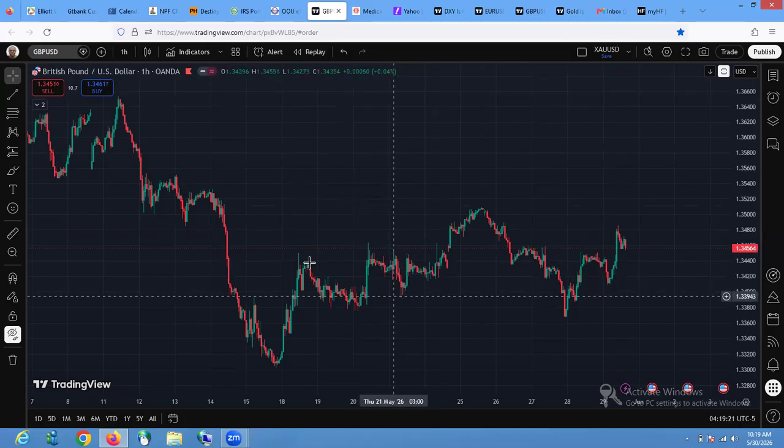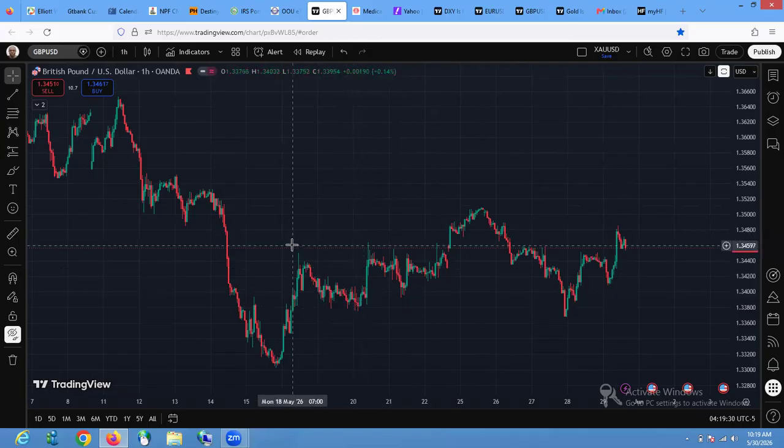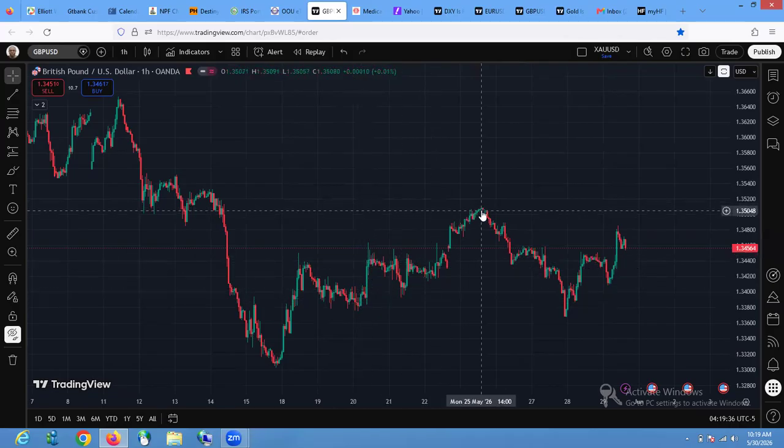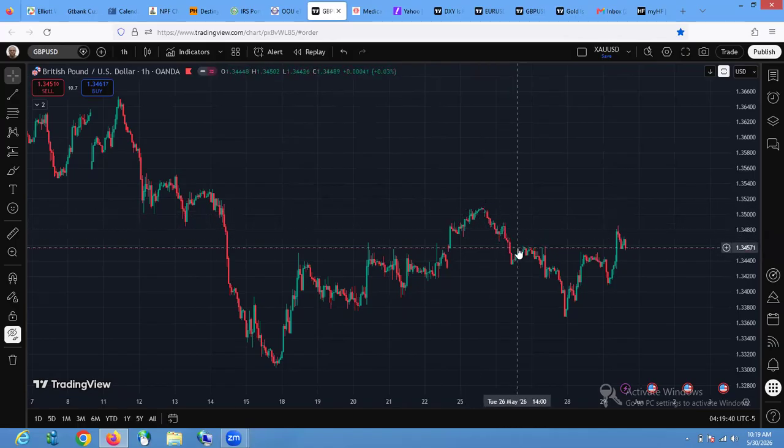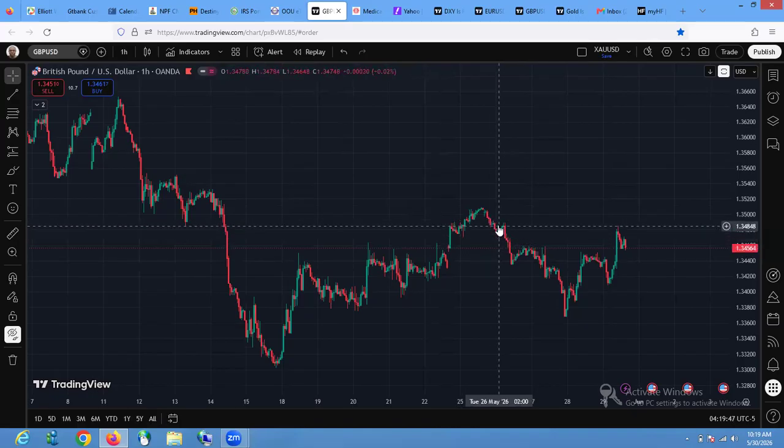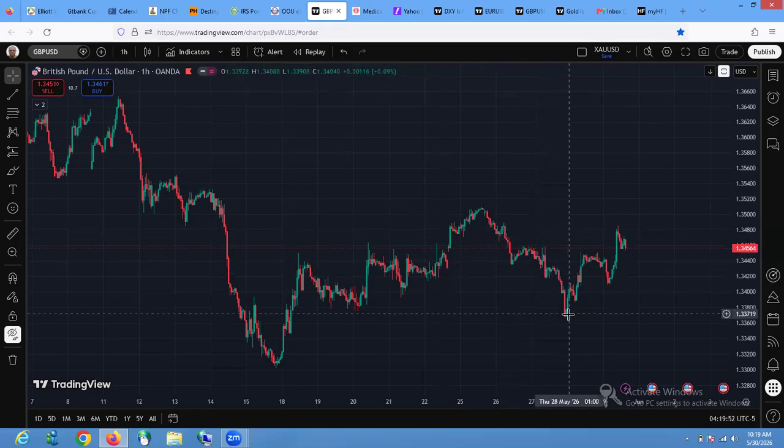After this move to the upside here, this looks like an A move here. Then we now have A, B, C of the B move to the upside, and the C wave here, 1, 2, 3, 4, and a 5 here. We can even call it a clear 5.